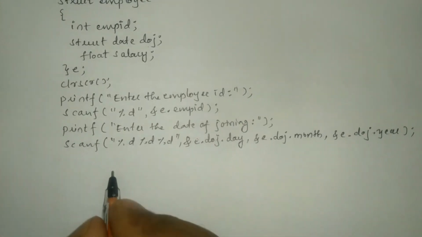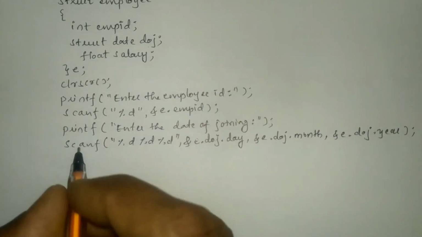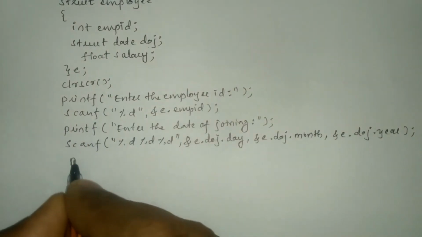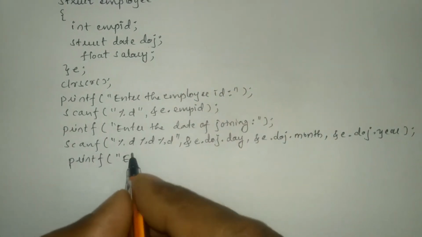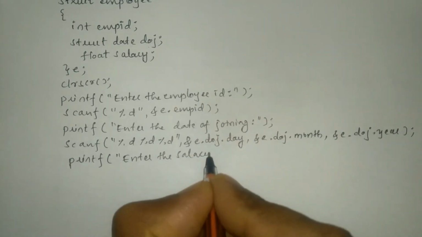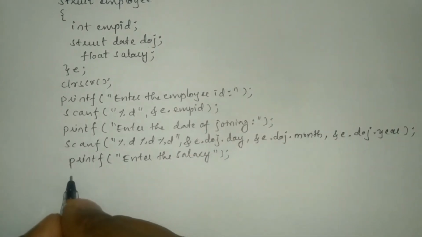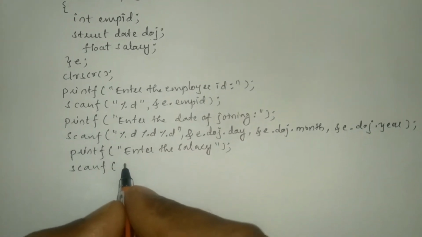Now after receiving this we have to ask the user to enter the salary, correct? So we'll write printf, and here in double quotation marks we'll ask the user to enter the salary, end the double quotation mark and put semicolon. We will receive input from the user through keyboard using the scanf function.